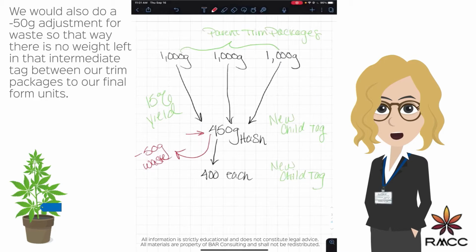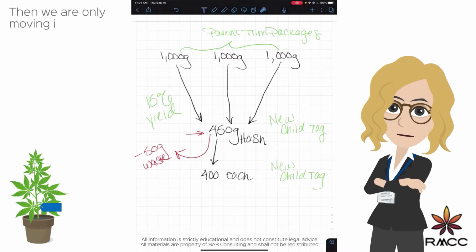So that way there is no weight left in that intermediate tag between our trim packages to our final form units. And then we're only moving in our final form units into our new child tag.